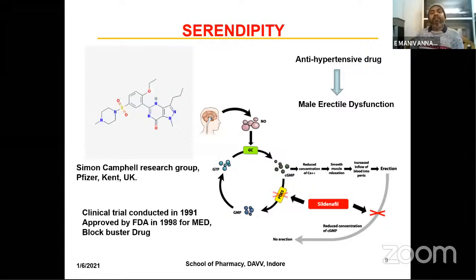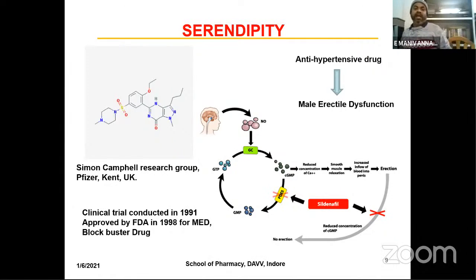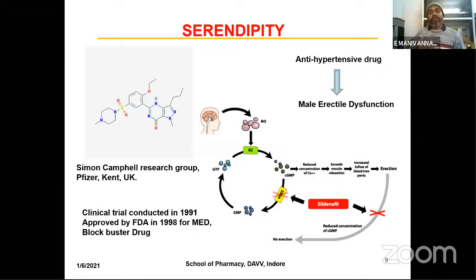But in phase 1 clinical trials, the healthy volunteers reported that the drug was producing side effects when they increased the dose, multiple doses, that is 10 times the originally used clinical trial dose. When they increased the dose 10 times, the drug was showing multiple side effects in healthy volunteers.